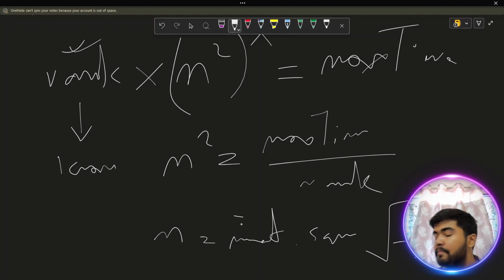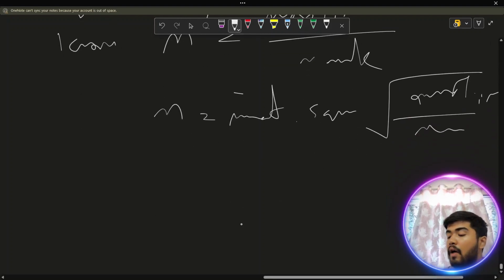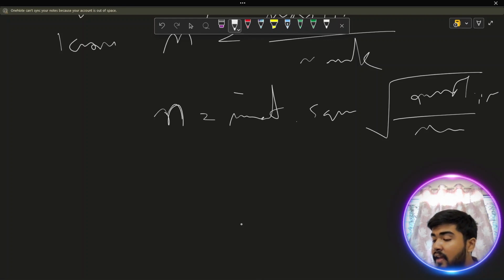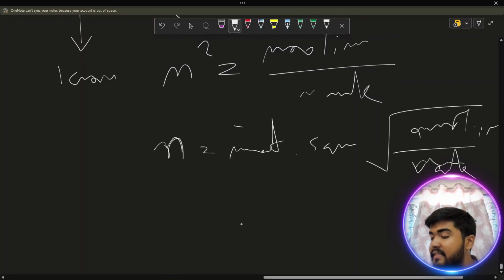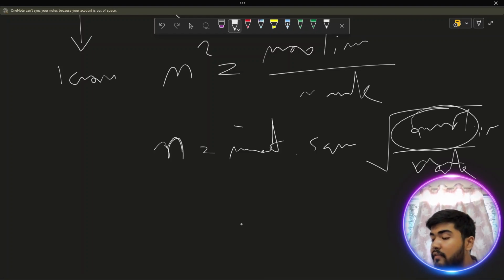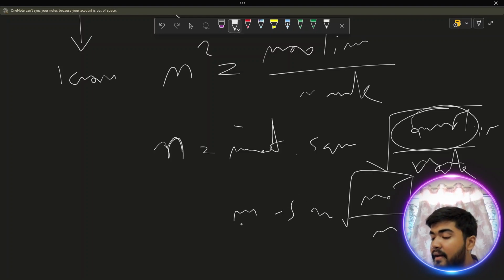As simple as that. That is how many cars this particular individual having rank as rank can repair in the max time we have defined. So that is nothing but the square root of max time divided by rank. As simple as that. Right?